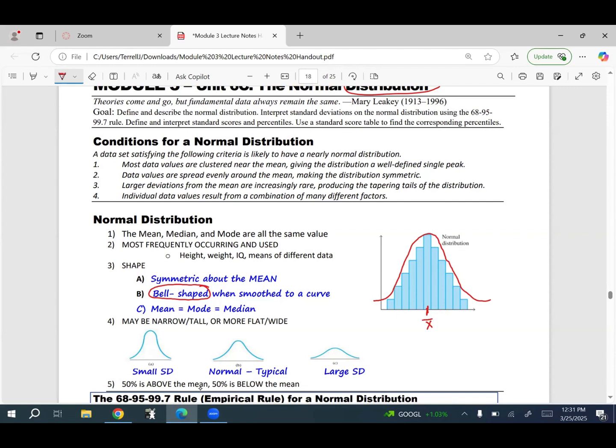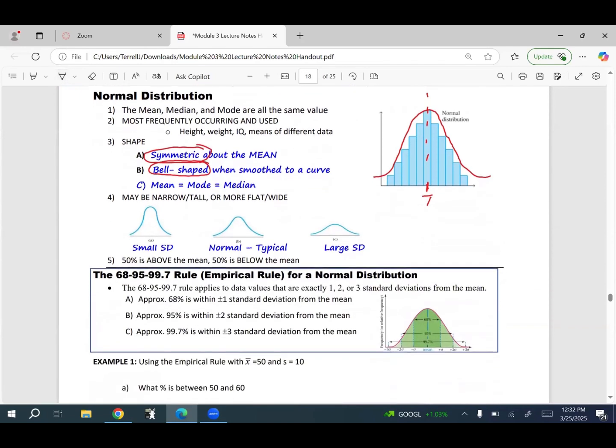Notice that I'm putting it in the center of the data. Also notice that this distribution is symmetric about the mean. If I were to split this about the center, everything is symmetrical about it. That is another important quality to note about the normal distribution.